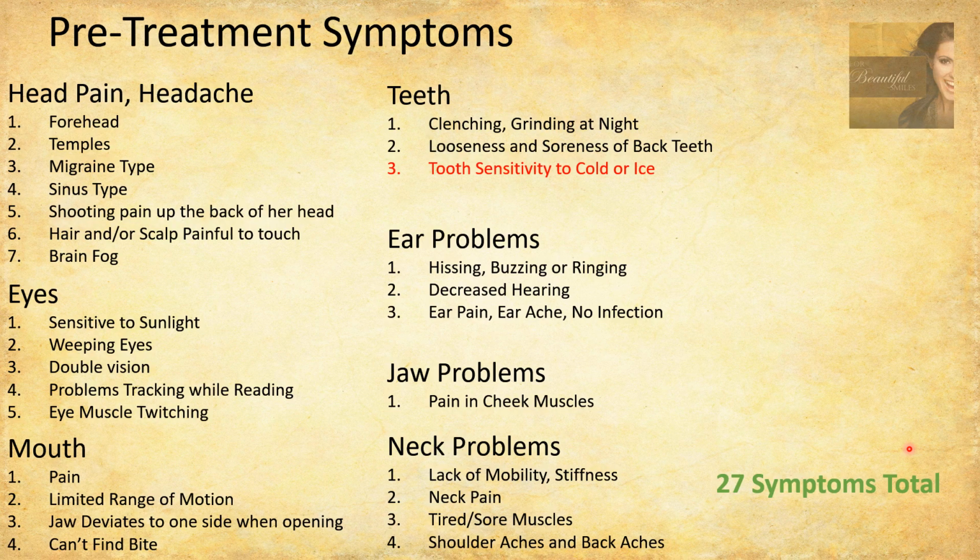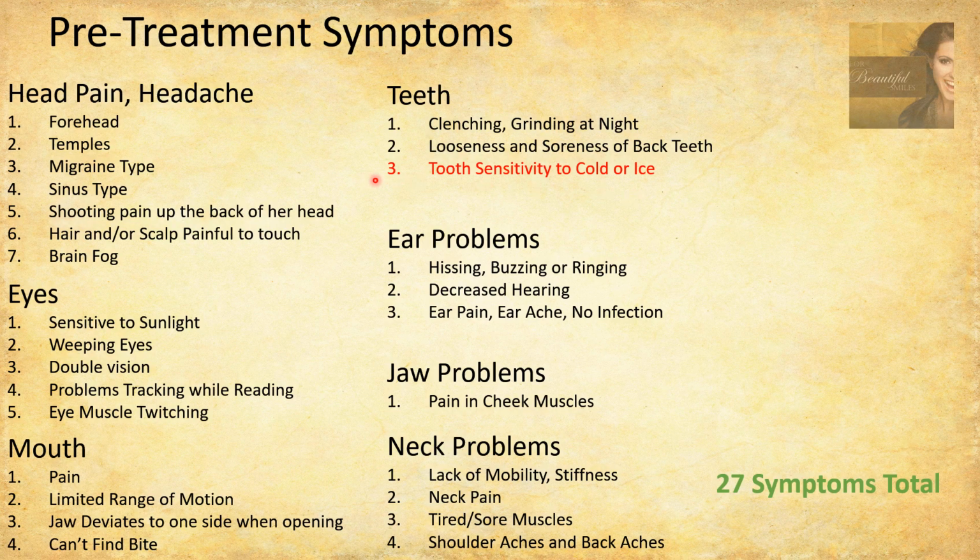So when you start to look at all of the things that are troubling her, you get a different picture. This is bigger than trigeminal neuralgia, not from an intensity of pain position, but just the sheer number of symptoms that are going on with her, right? And so we have 27 total symptoms.